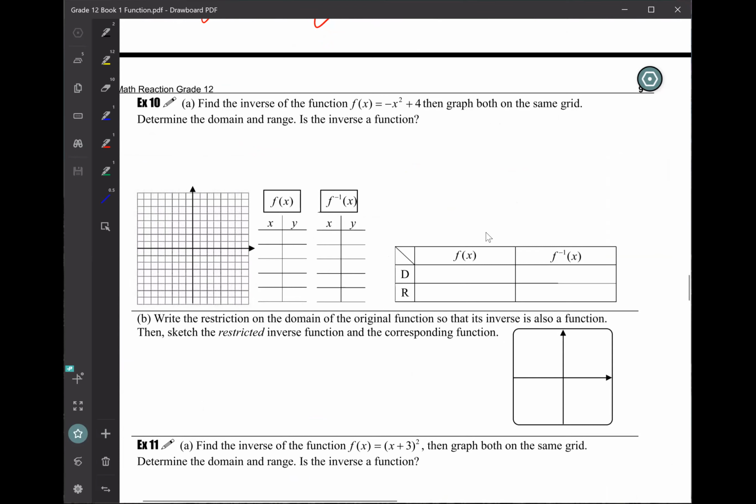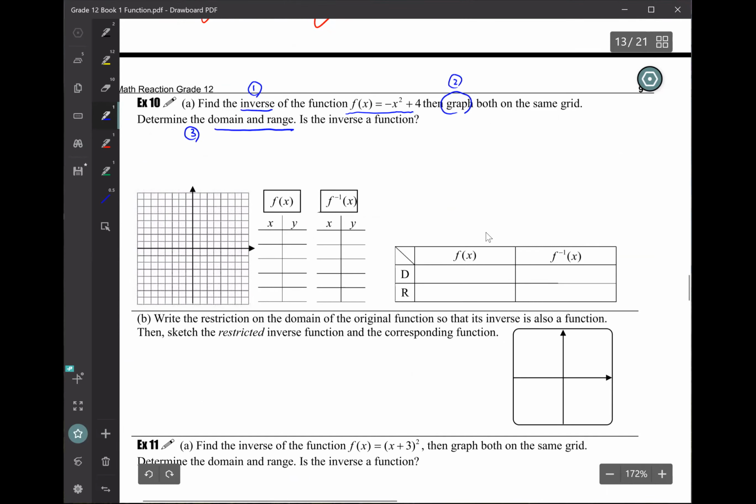So the function we are trying to find the inverse of, right? Find the inverse of this problem, and then we're gonna graph it. So first you find the inverse, and then you graph it. After that, we are going to find the domain and range.